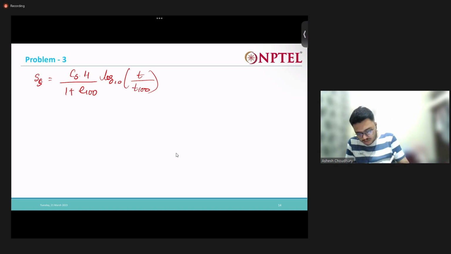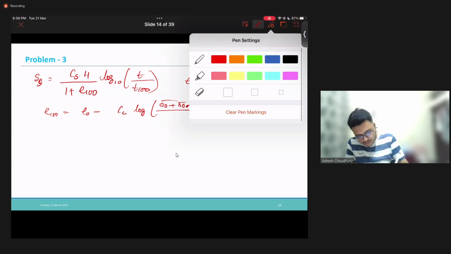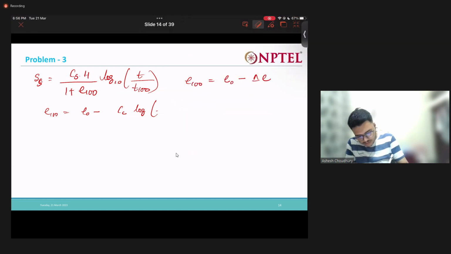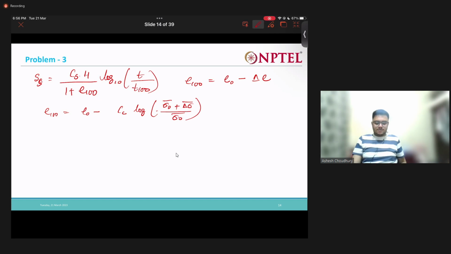Now, what is my E100? E100 is nothing but initial minus this reduction in the void ratio. So this E100 we can write down as E0 minus CC log, this much.